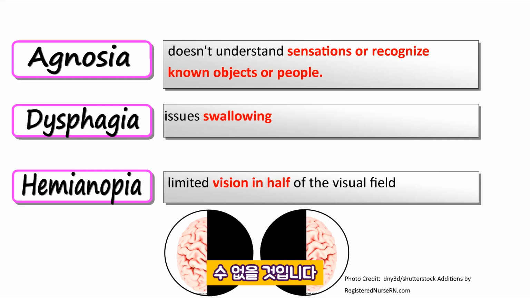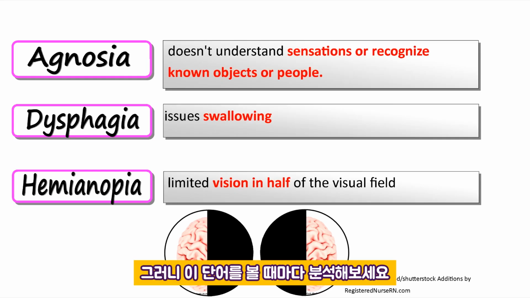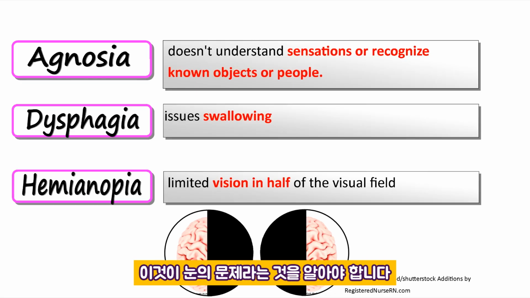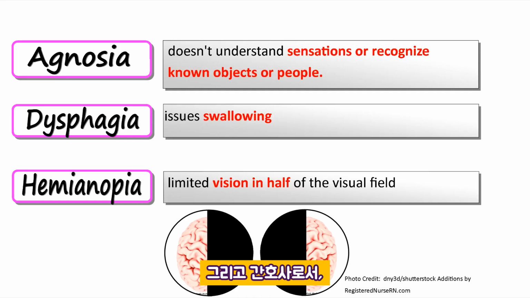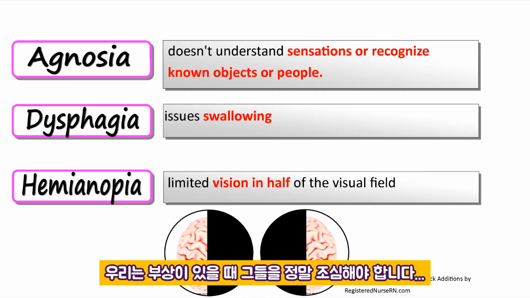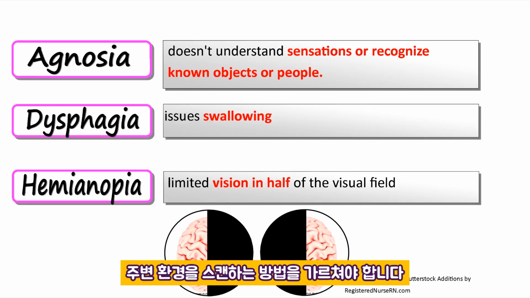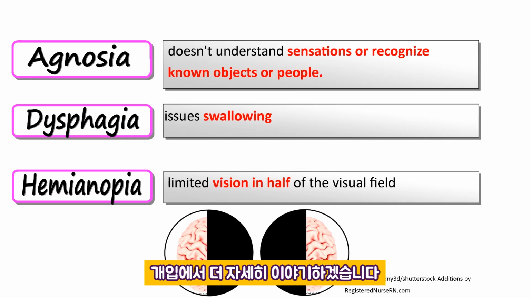And the other part, they can't see. So whenever you look at this word, just dissect it. Hemi means half, opia deals with the eyes. So know that this is an issue with the eyes. And as the nurse, we really have to watch out for them with injury and teach them how to scan their environment whenever they have this type of condition, which we'll really talk about more in our nursing interventions.